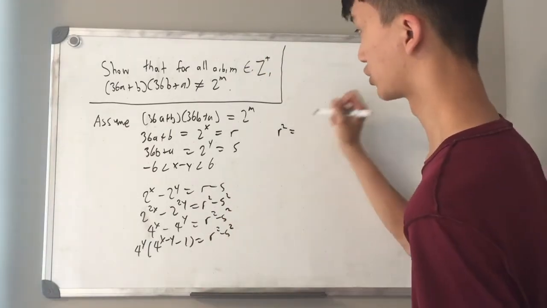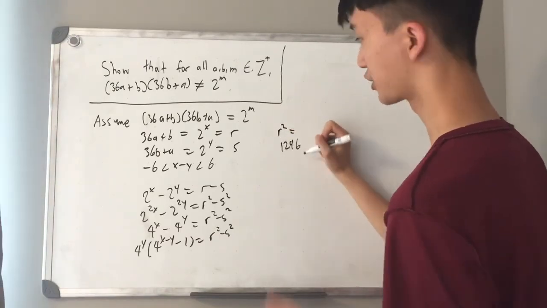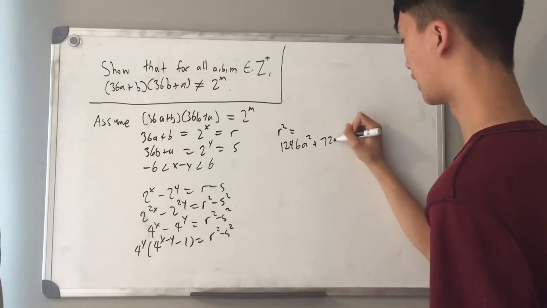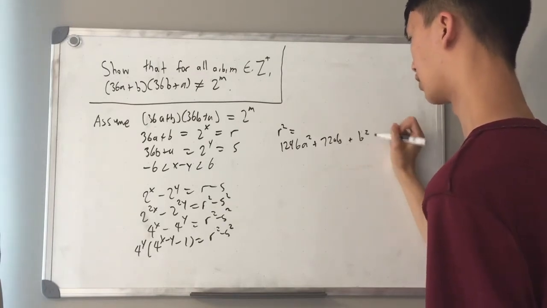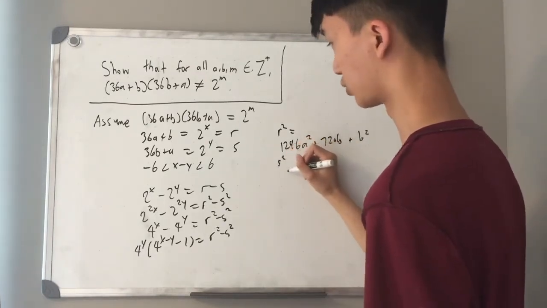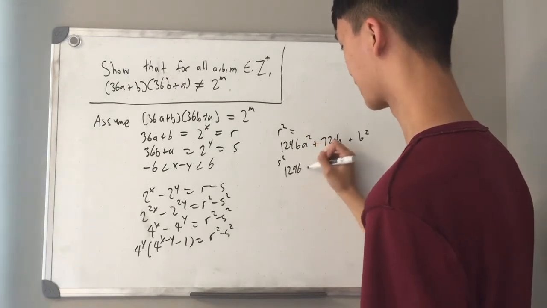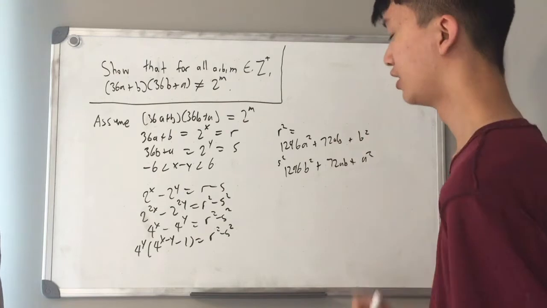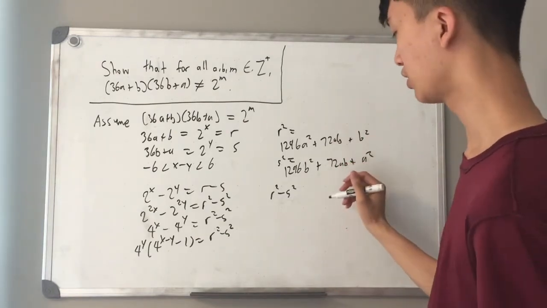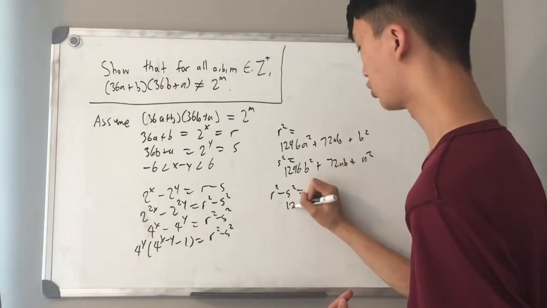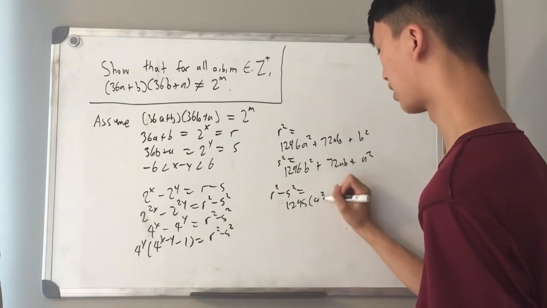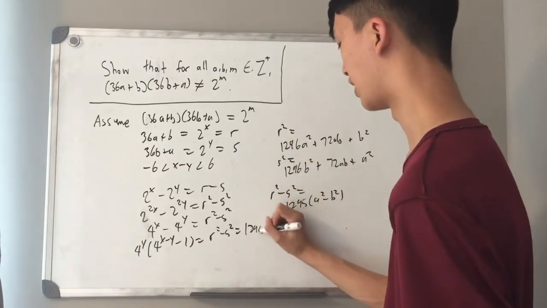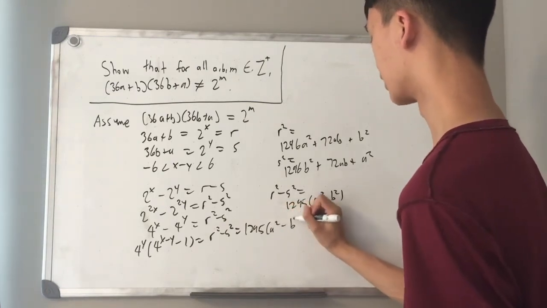R squared is equal to 1296, or 36 squared, times a squared plus 72ab plus b squared. Now s squared is equal to 1296b squared plus 72ab plus a squared. So now r squared minus s squared is equal to 1295 times (a squared minus b squared).